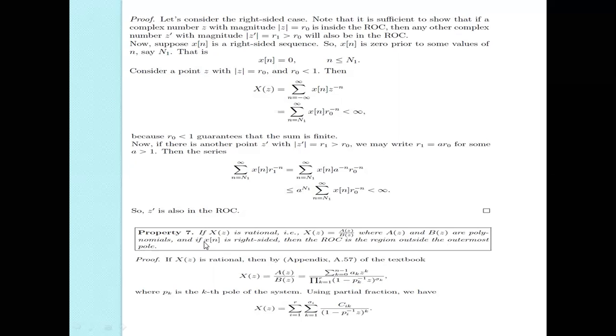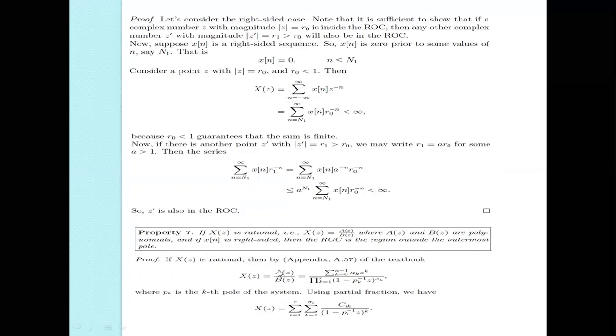Even when the given function X of z is rational, in the form of A of z over B of z, where A of z and B of z are polynomials, if x of n is right-sided, then the ROC is the region outside the outermost pole.